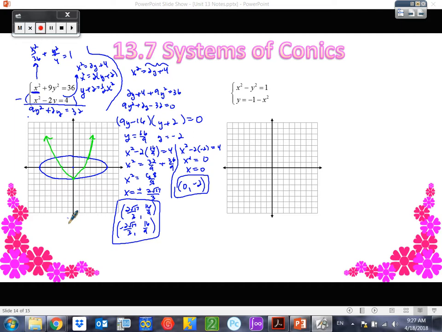The next one, we have a hyperbola, which is already set to graph. So let's do our little, it's one space on either side. Our vertices are on the x-axis. And then looking at our asymptotes, we would draw those through.